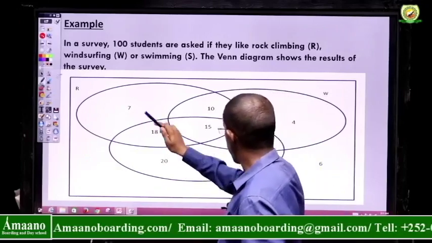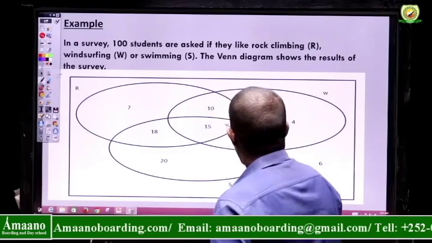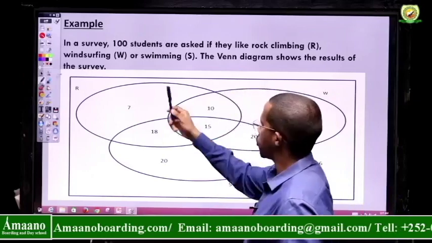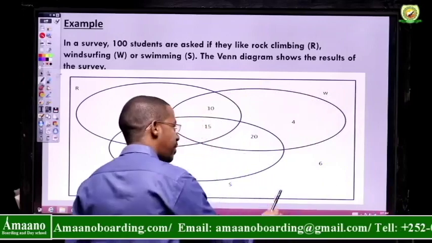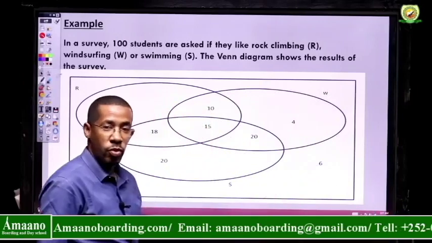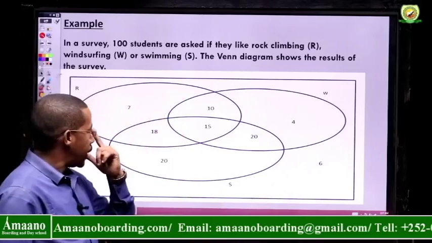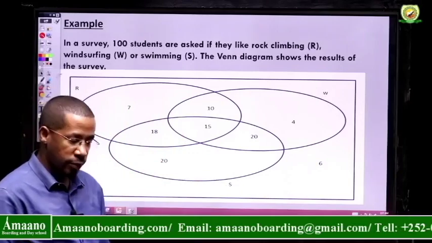They do these two without including W. These 15 do all the 3. And then we have 6 who do not do any of these 3. We are going to use this Venn diagram to calculate some probabilities.